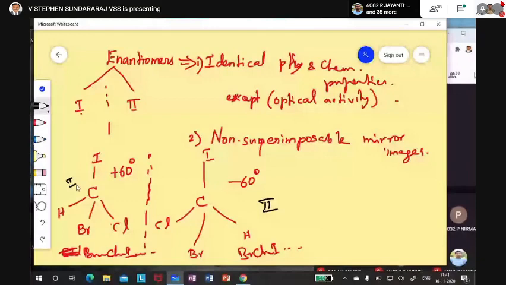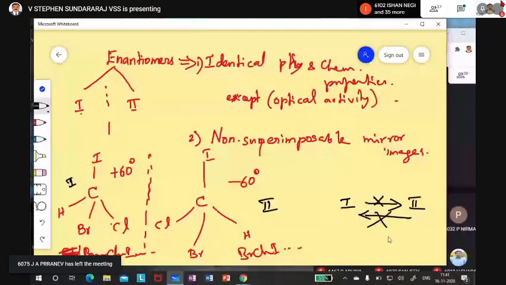One cannot be converted into 2, or 2 cannot be converted into 1 without breaking a bond. Without breaking a bond, not possible. Interconversion cannot be done. That is the thing you have to understand. For those who are not understanding 3-dimensionally, you see that.